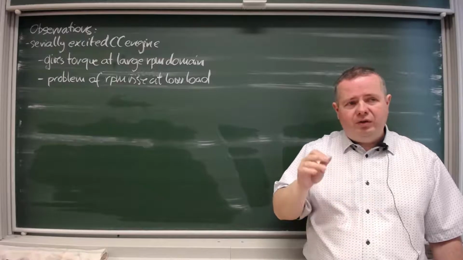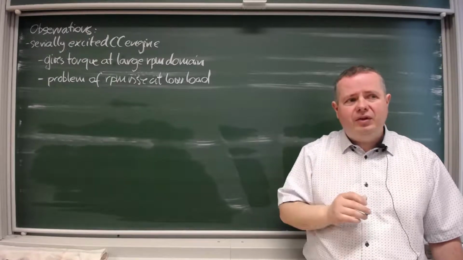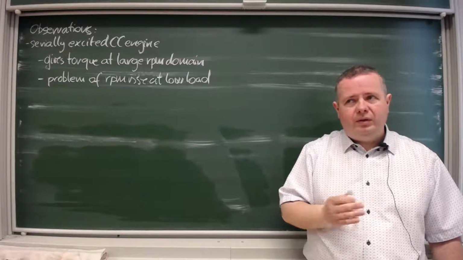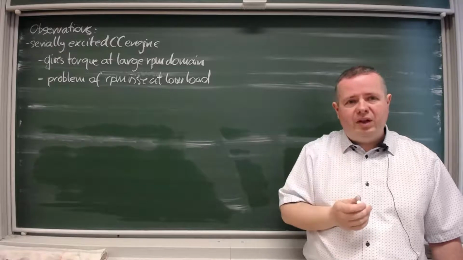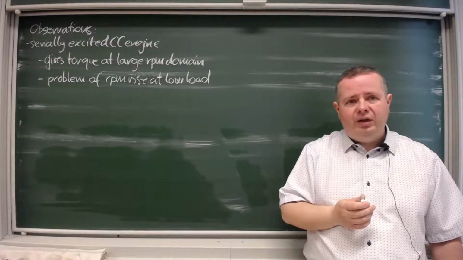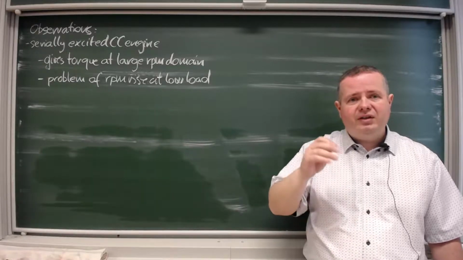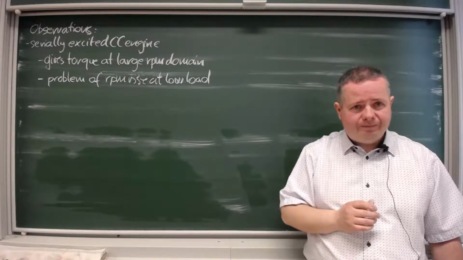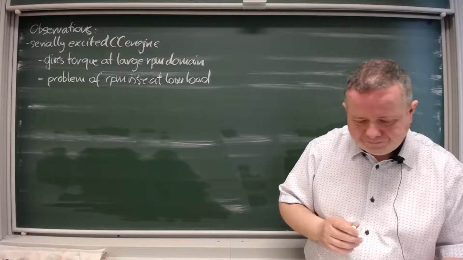So a commutator brush system is always sensitive to the RPMs. It goes quite well at low RPMs, but above a certain RPM limit, it can explode, and the wear of the brushes is really accelerated. And also it's noisy, and whatever you imagine. Okay?